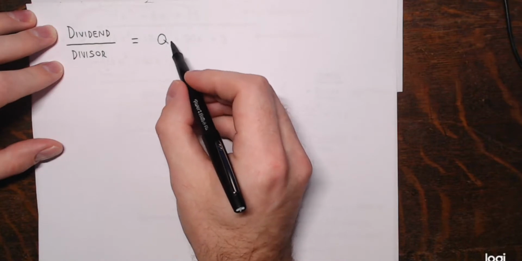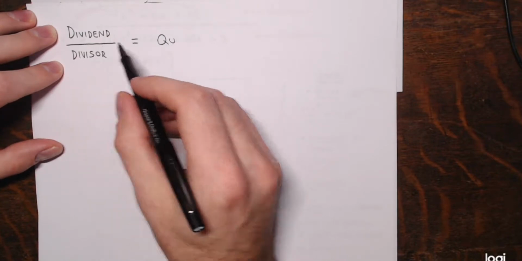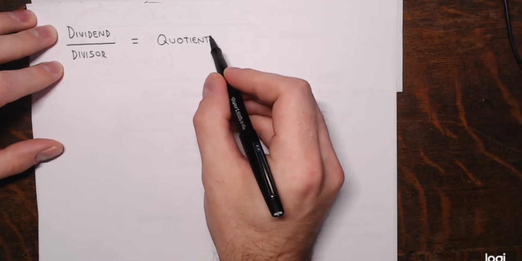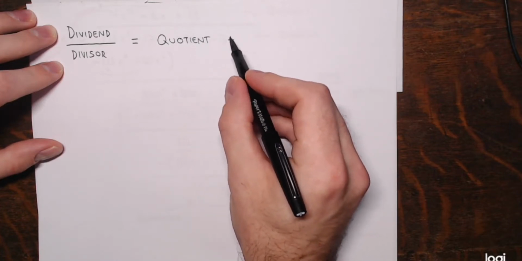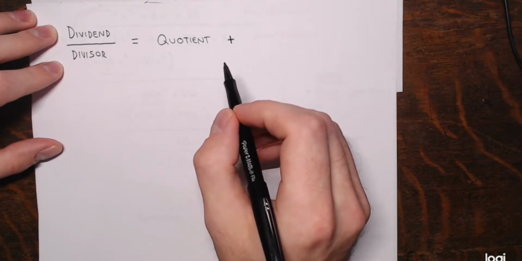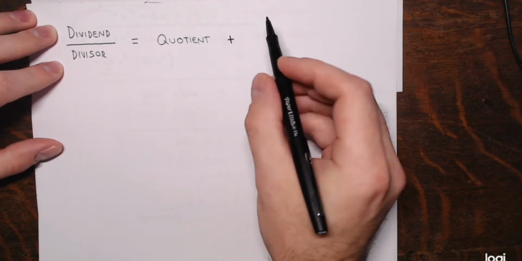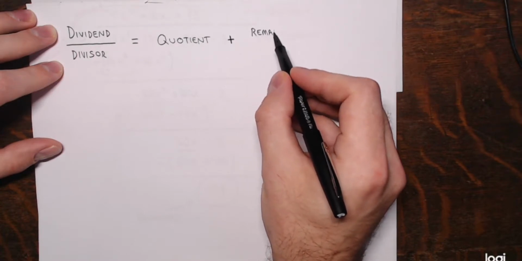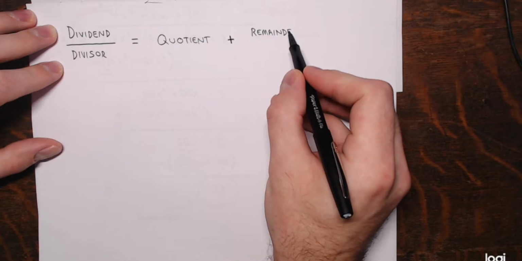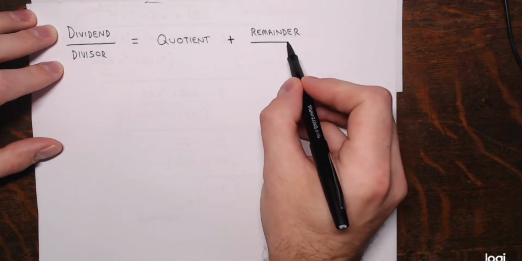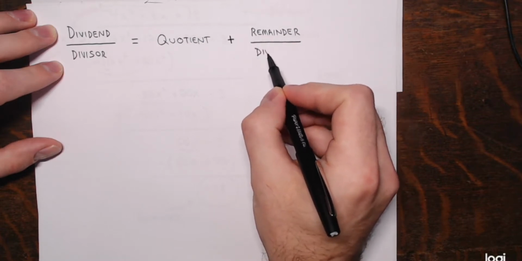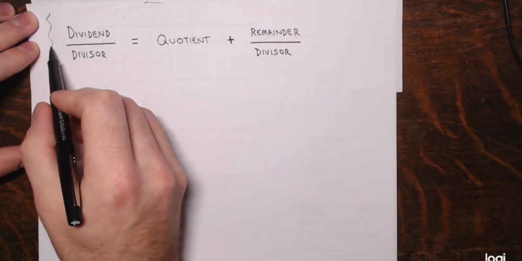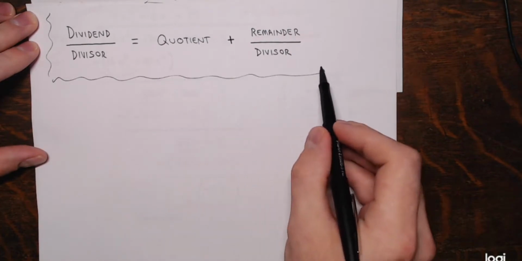Tell me how many times does the divisor go into the dividend, and then you add a fraction. Right? There's a fraction left over. There's some remainder left over, and it's the remainder over the divisor. Right. So this is huge, right? This is the way we're going to write the result of our division problems.